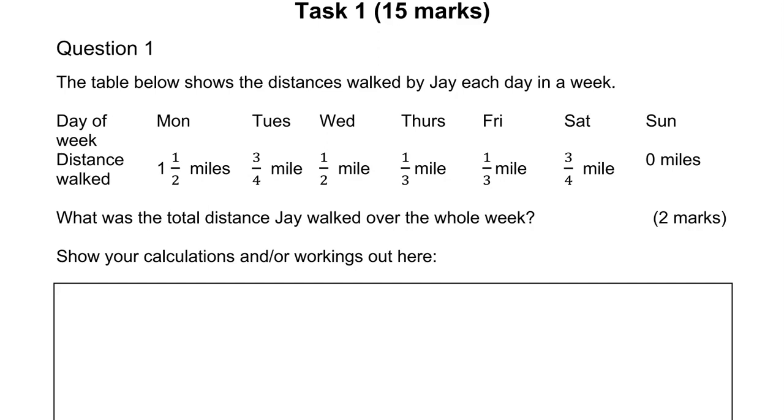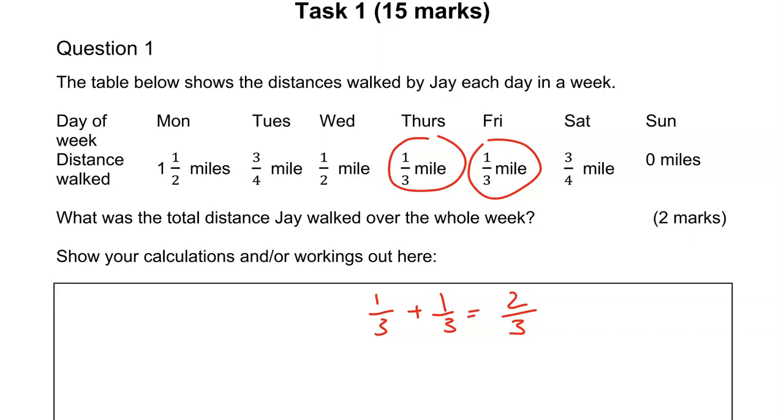We've got, as I said, 1.5, 3/4, half, third, quarter. So let's group together the ones that are similar to each other. So 1/3 and 1/3 gives us 2/3.